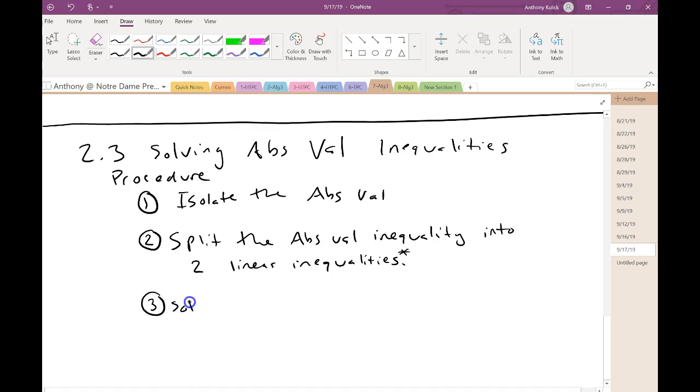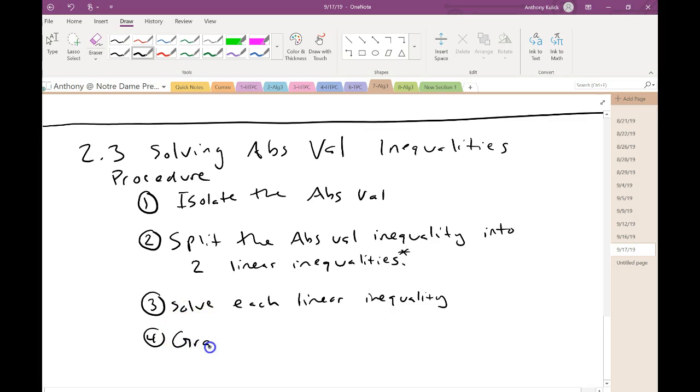The third is to solve each inequality. And now for these absolute value inequalities, we're not going to be graphing. We're not going to be checking.